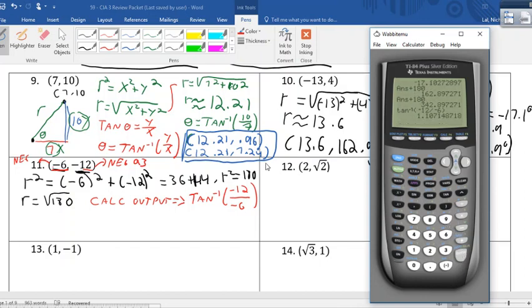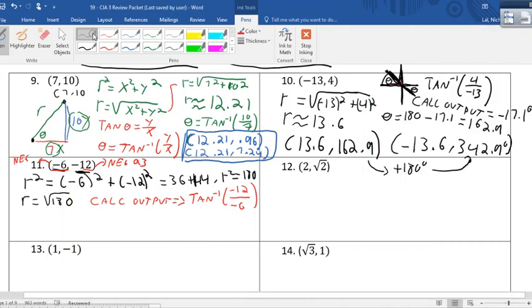And that's going to be equal to 1.107. But because we are in quadrant 3, we have to add pi to the calculator output.